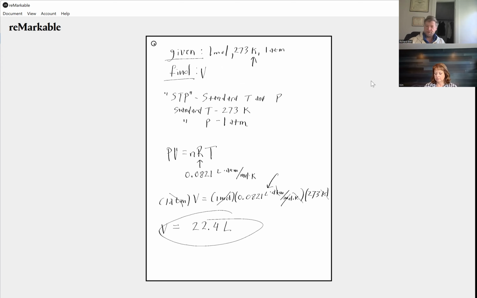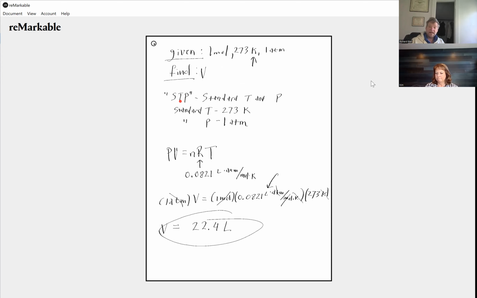Anyway, they have their students memorize this because anytime they need to convert from volume of gas to moles or vice versa, it's 22.4 liters per mole, right? Right? Wrong. It is 22.4 liters per mole only under one very specific set of conditions, namely STP.